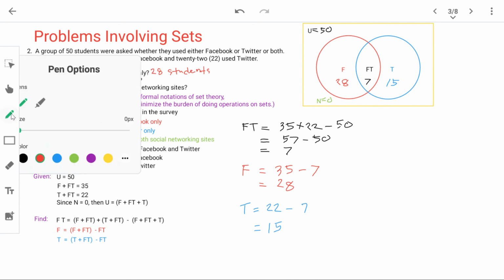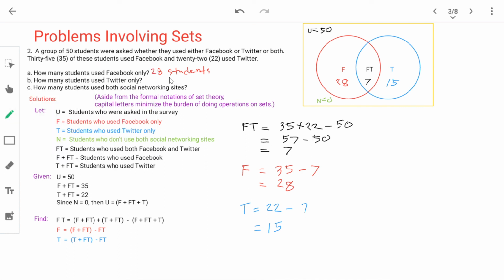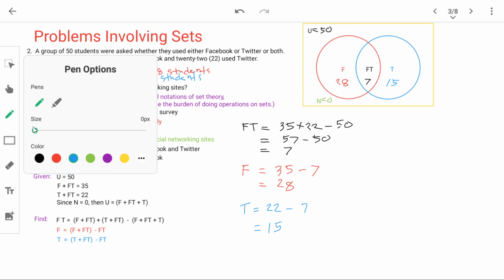Now for letter B, how many students use Twitter only? In our Venn diagram, we have here 15 students who use Twitter only.